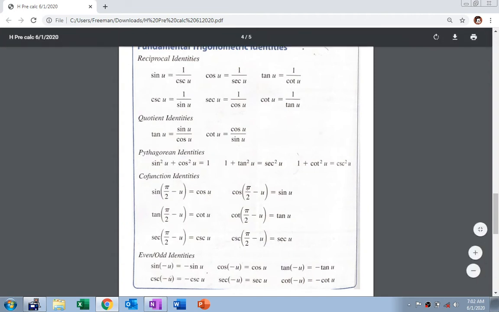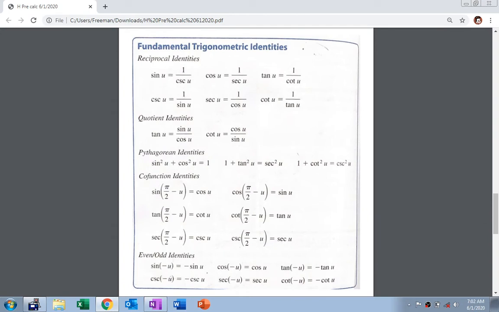This pi over 2 minus u really is just saying if I'm in angle A, I'm going to angle B. Do you need to understand the background with those? No, just know that we're going to be looking for a pi over 2 minus an x or minus a theta or anything. It doesn't always have to be u. It could be any variable. Same thing with even odd. If you see a negative sign like that, it should throw up flags.